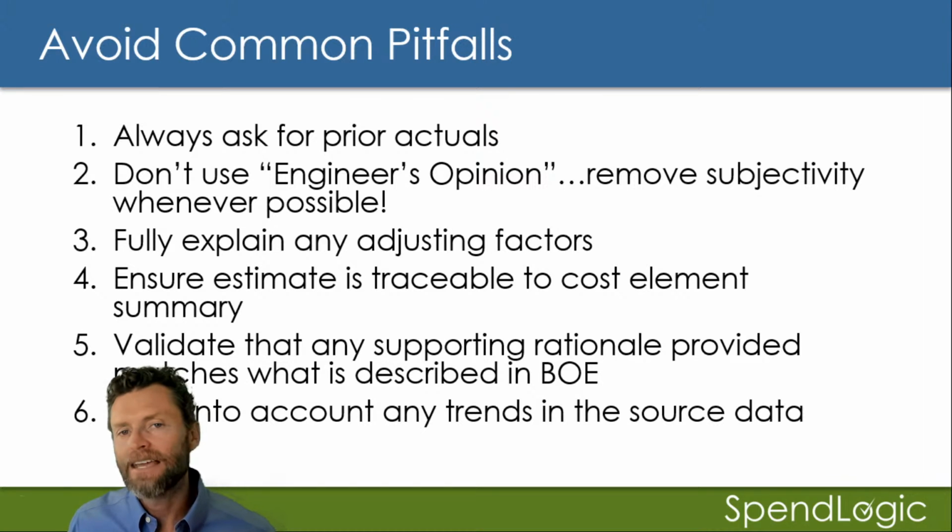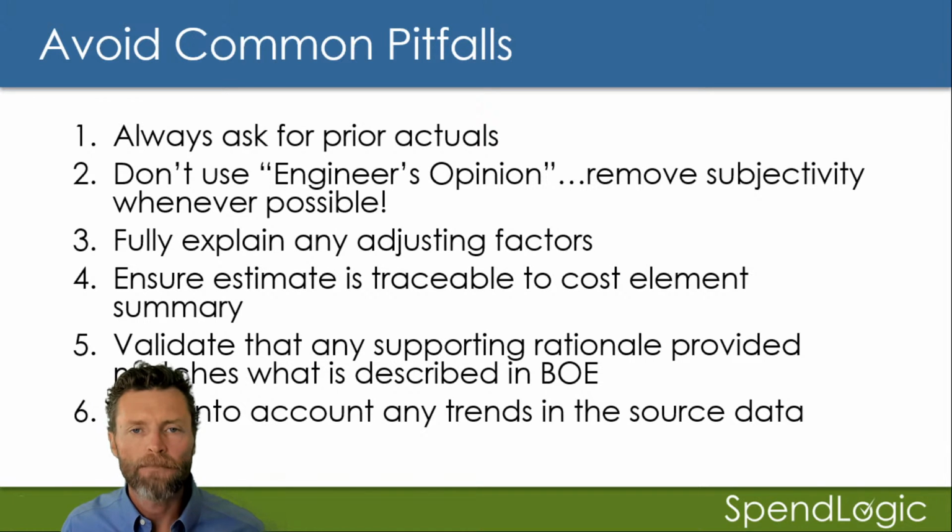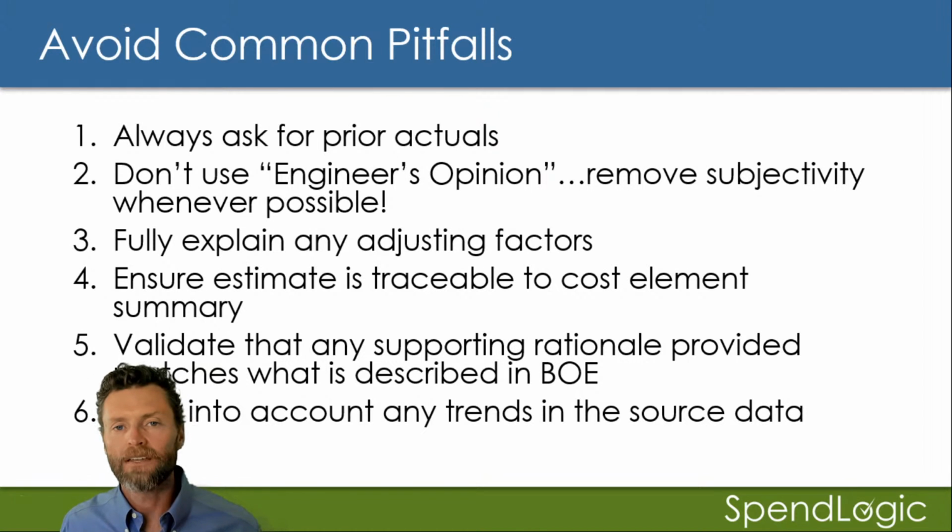And last but not least, take into account any trends in the source data. In this particular case, systems engineering, there really was no trend. It probably shows an increase and a decrease over the life of the program. But let's say that you had manufacturing data. You've got hours per unit, right? Hours per unit in manufacturing data is great for figuring out improvement curves.